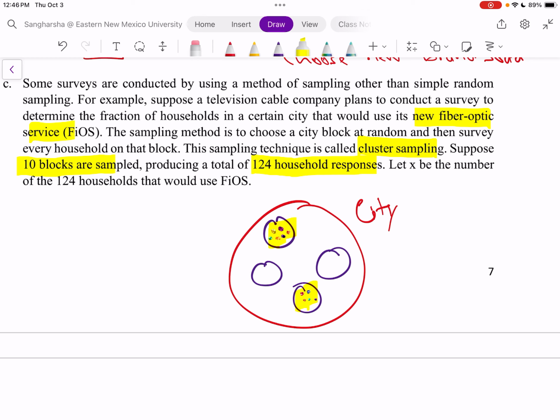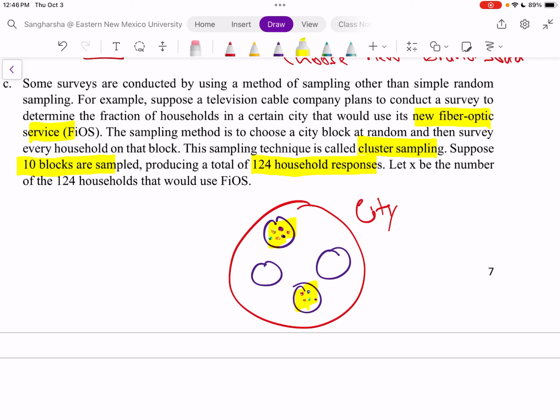Why is the probability not the same here? Because there is a different number of houses on different blocks. For example, if they were to do it again with another 10 blocks, the number of houses would be different, and so they would not get the same probability as the first time. But the total number of houses is always 124.